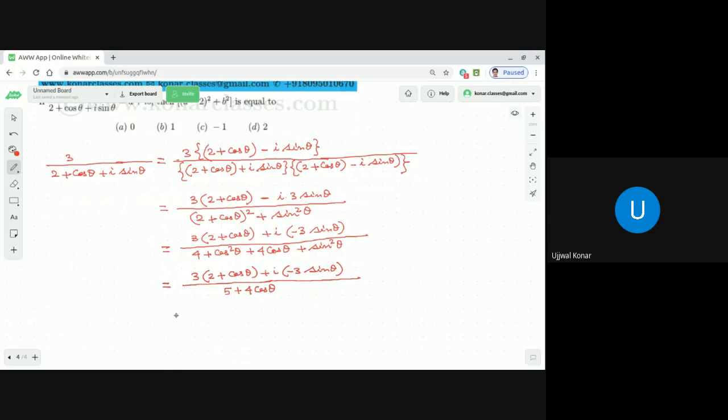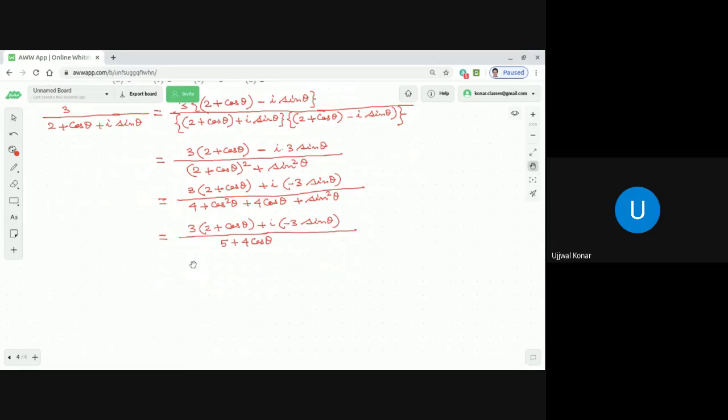Then we can write this in the form of a plus ib. So we can write this is equal to 3 into 2 plus cos theta divided by 5 plus 4 cos theta.